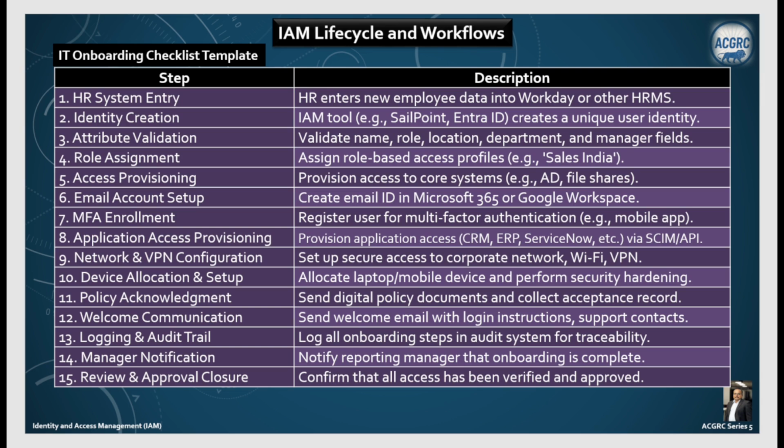It sends digital policy documents and collects acceptance records. It sends a welcome email with login instructions and support contacts, and logs all onboarding steps in the audit system for traceability. It notifies the reporting manager that the onboarding is completed and confirms that all access has been verified and approved.